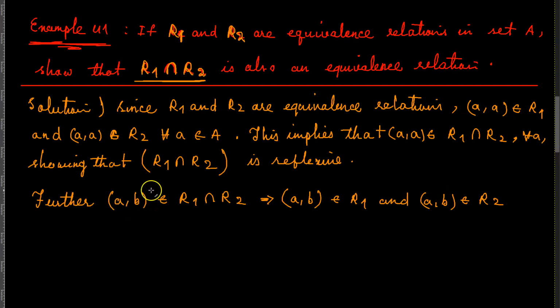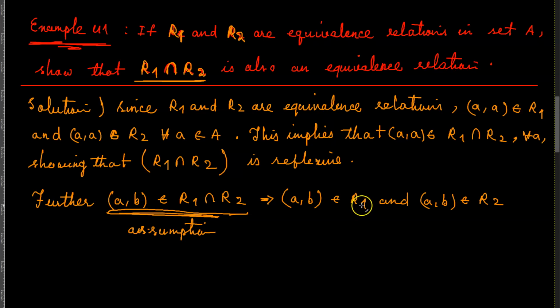If I assume that (a, b) belongs to R1 intersection R2, this is some assumption that of course you can make. Now if you make that assumption, since (a, b) belongs to the intersection of R1 and R2, that means that (a, b) of course belongs to R1 and (a, b) belongs to R2, which we have no problem with.